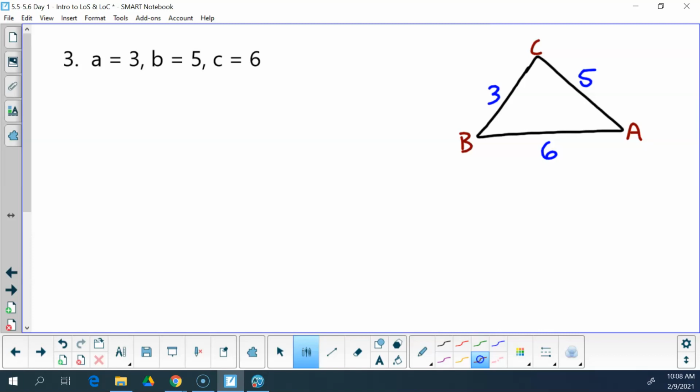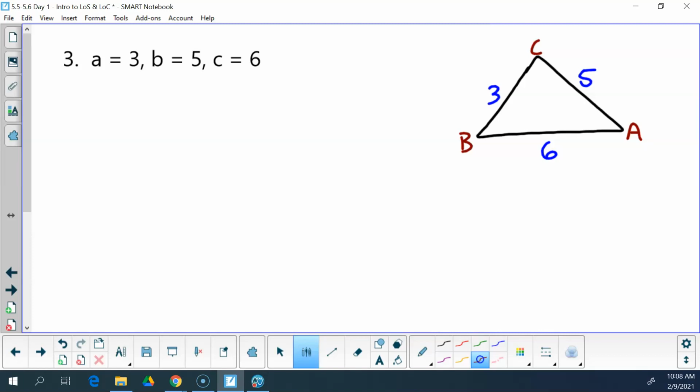How many obtuse angles can we have in a triangle? Only one. So we don't want to find A first, because we want to find the biggest one, right?